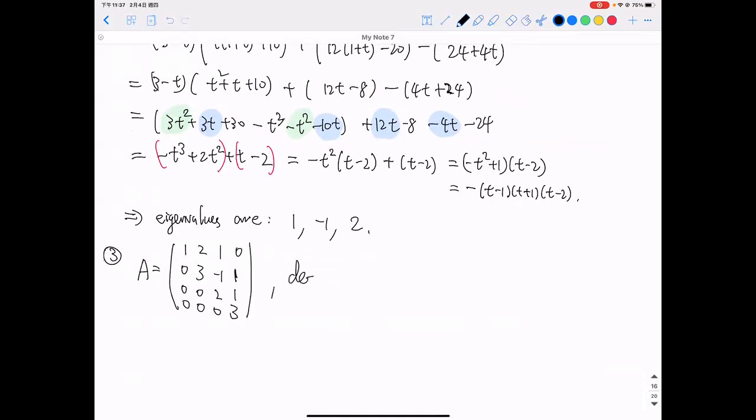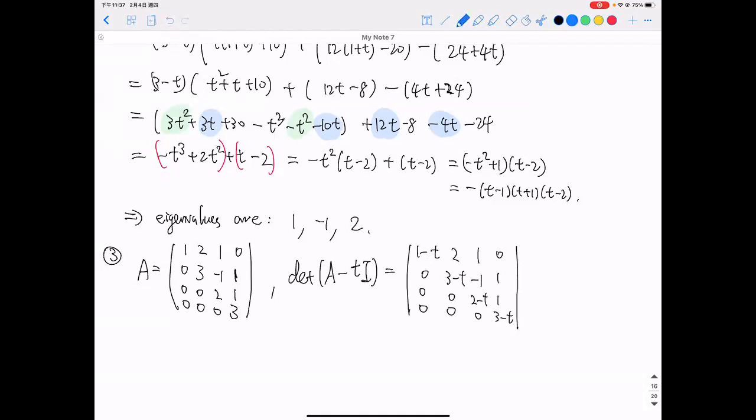Okay, so for this matrix A, the characteristic polynomial is this expression, is this determinant, 1 minus t 0 0 0 2 3 minus t 0 0 1 minus 1 2 minus t 0 0 1 1 3 minus t.